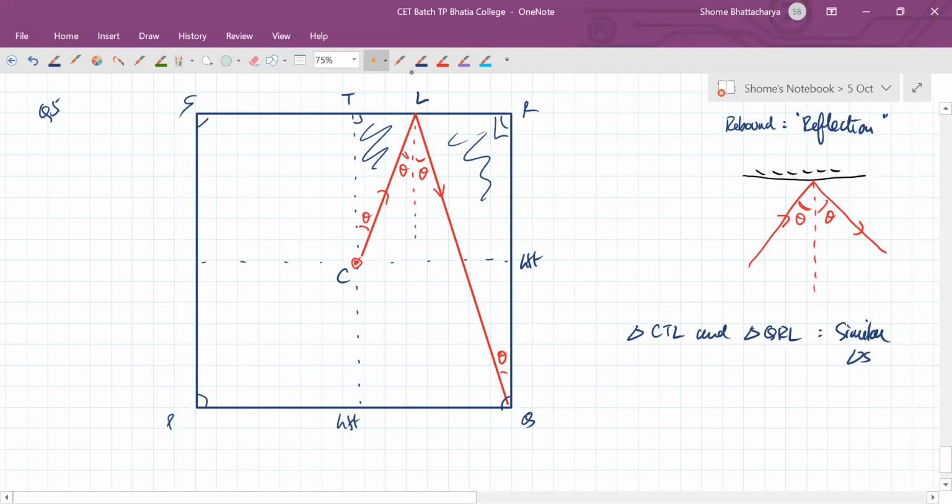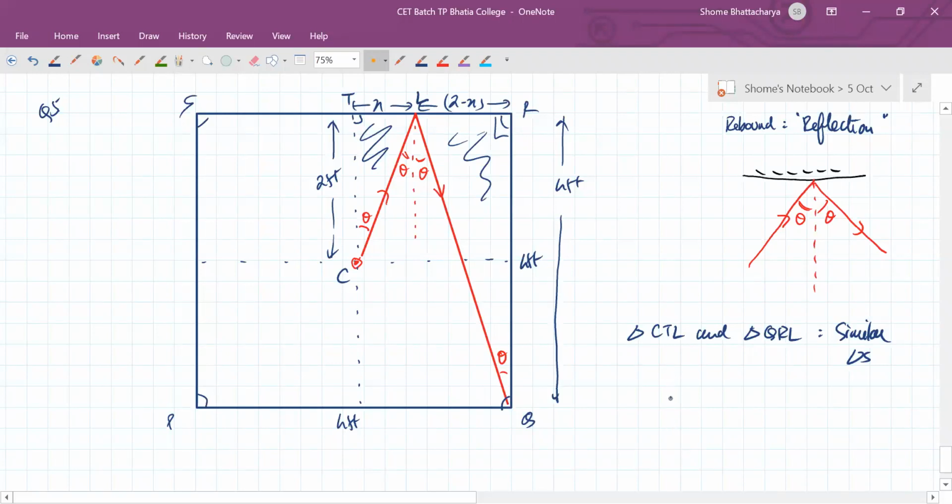Now in this you can also see that this side is 2 feet, and this side is obviously 4 feet. If you take this side to be x, then this becomes 2 minus x, because the sum of these two is again 2 feet.